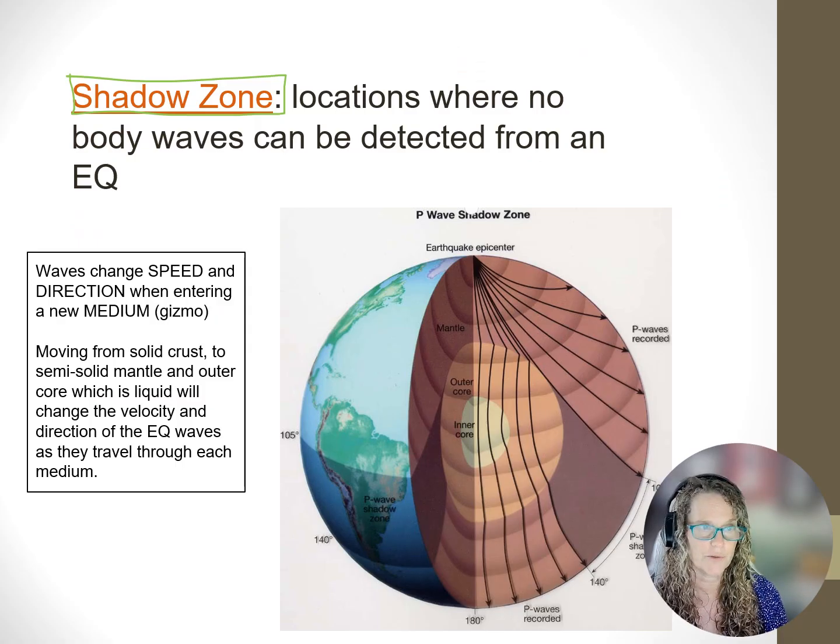This shadow zone is interesting because it helped us figure out why P waves move through solids and liquids and why S waves do not. So if you remember, the inner part of our planet, the inner core, is solid. That is not a good color for us to see that.